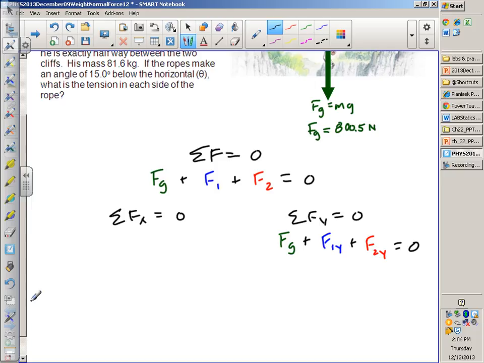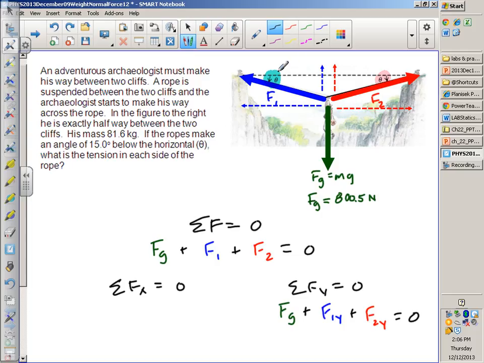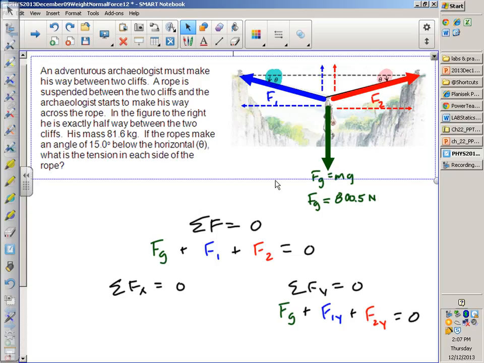Now I'm going to ask you to make another jump without writing down a bunch of things. If the angles that these 2 forces are below the x-axis are the same, and we use that angle to make a triangle, what do you think is probably going to be the case about those 2 components?